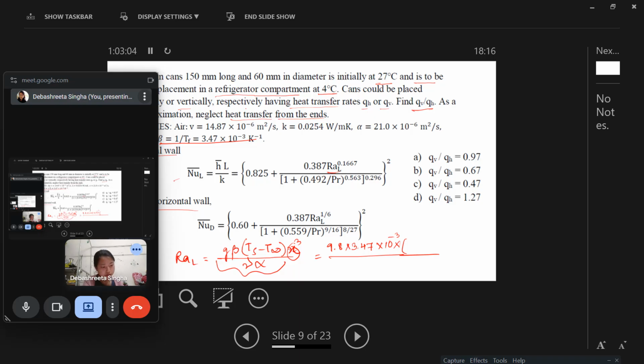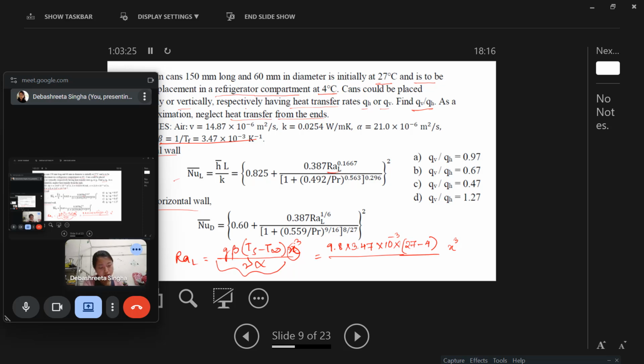So Ts is the 27 degrees Celsius, surface temperature of the cans, and T infinite is the refrigeration temperature, divided by mu alpha.